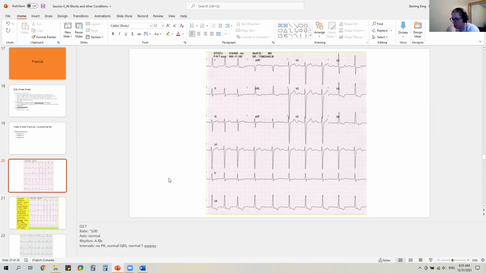So now we can check for hypertrophy. I'm not going to see atrial hypertrophy. This looks a little bit like left ventricular hypertrophy with that 1, 2, 3, and then maybe 1, 2, 3, 4, 5.